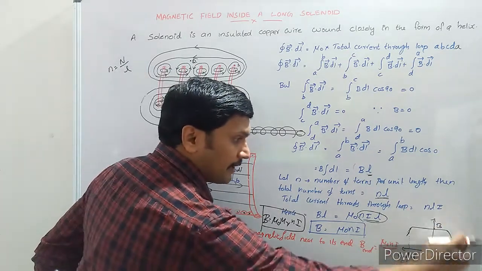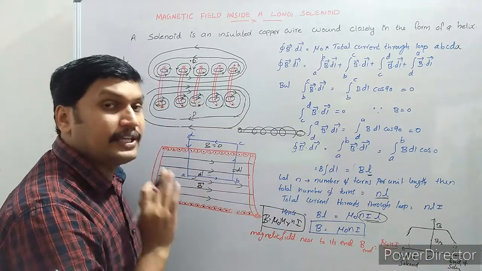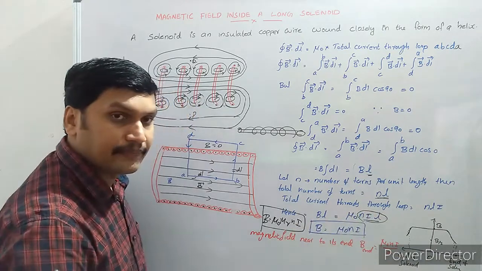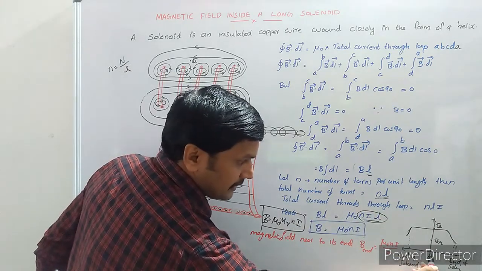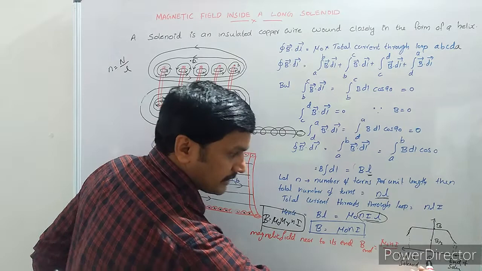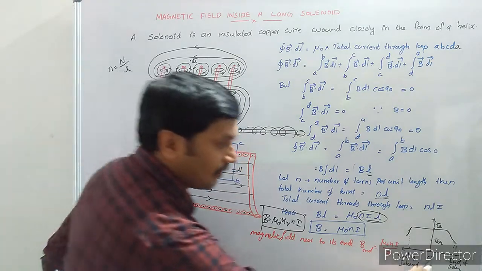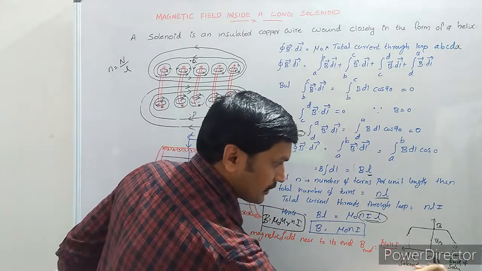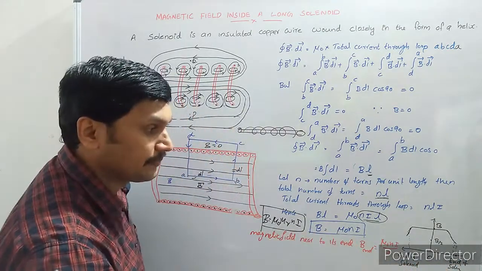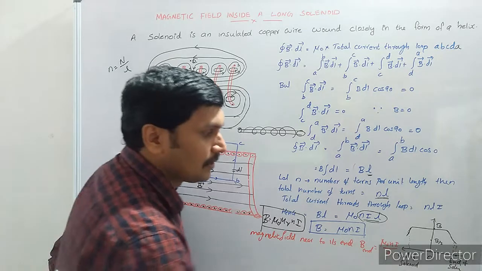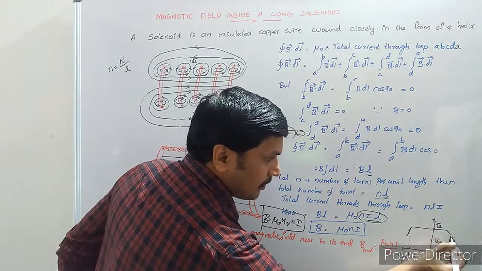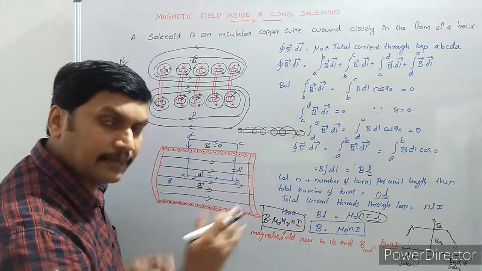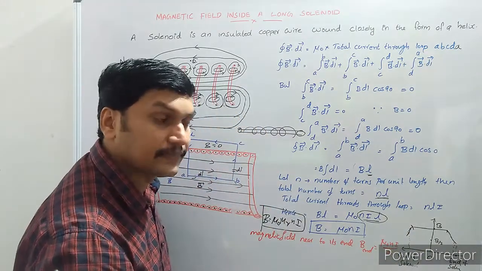So here we have a graph which shows the variation of magnetic field with the length of the solenoid. This is the center of the solenoid, the origin, and on this axis we have taken the magnetic field. The distance from the center is taken on both sides. At the center, we have an almost uniform magnetic field.